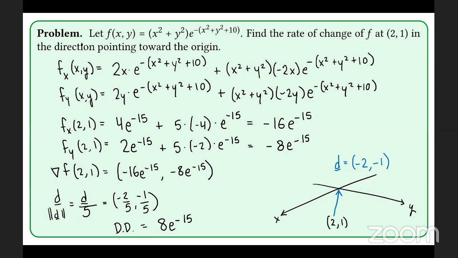Sound good? Questions on this? Okay. Yeah. D over, oh, why didn't I take the square root? Sorry about that. Yeah, you're absolutely right. I don't know why I didn't take the square root there. Square root, yeah, my bad. Thank you for pointing that out.